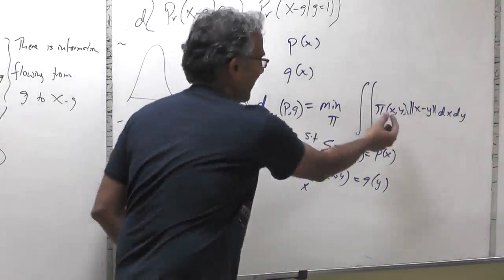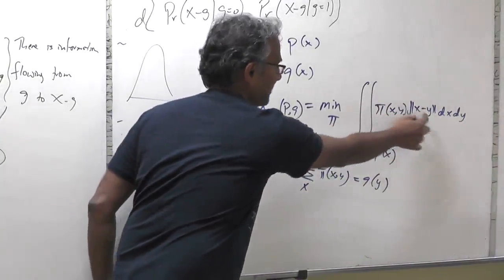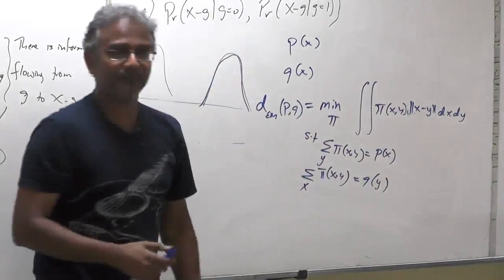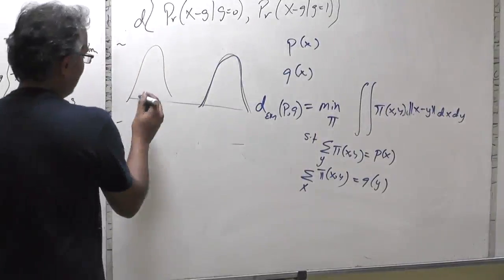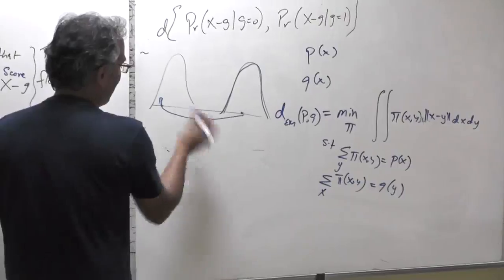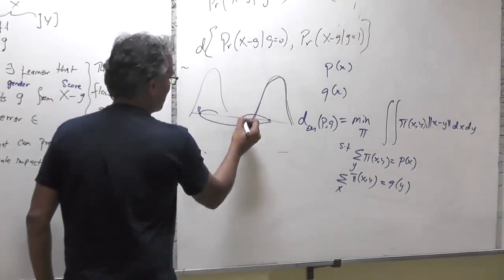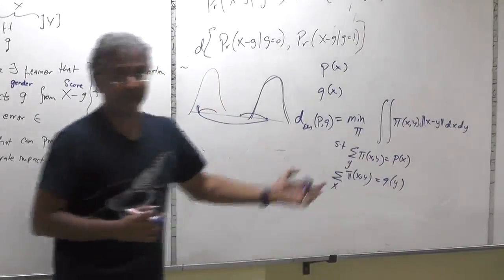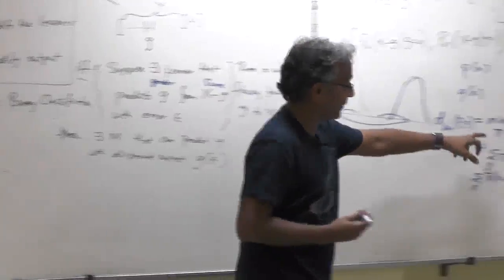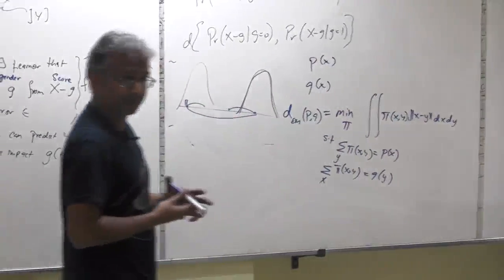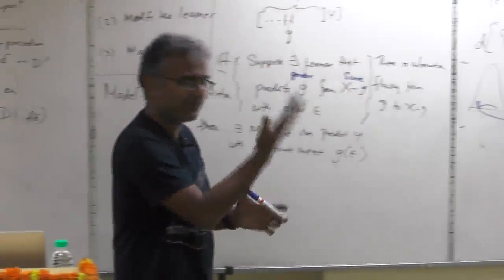And what this is saying is, I transport this much mass from point x to point y. I might move some amount of mass from here to here, and some from here to here. The goal in all this motion is to make sure that this is what happens. So it's a minimization over all possible transportation plans of the amount of energy required to do this. That's why it's called the earth mover distance. It's got many names.